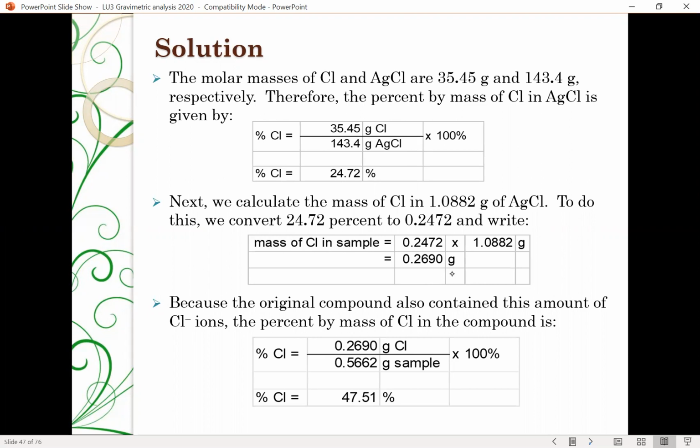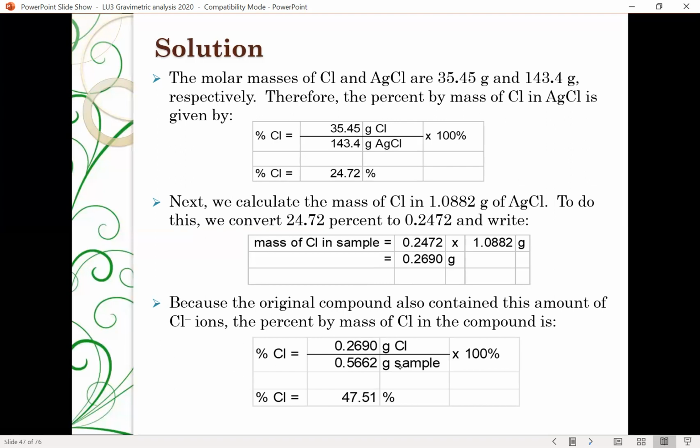Okay, so how to calculate the percentage? You take the mass of Cl in the sample and divide by the mass of your sample times 100%, so you get 47.51. Note that you may have the same mass of Cl in your precipitate and in your sample, but you will have different percentages of Cl in your precipitate and in your sample, because they are divided by different masses.